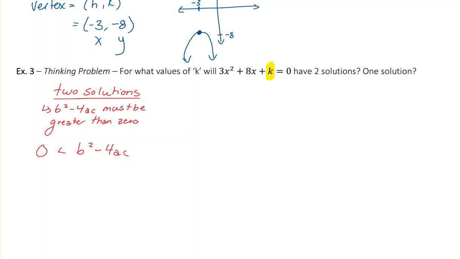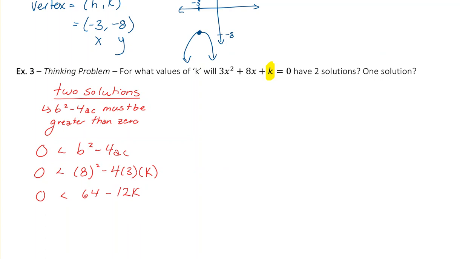This says the discriminant must be greater than 0. We'll plug in what you know. B we know is 8. So I'm going to plug that in, 8 squared. A is 3, and C right now we've represented as K. Let's simplify this a little bit. 8 squared, that's 64. And then if we have 4 times 3, that's 12, times K, that's 12K.